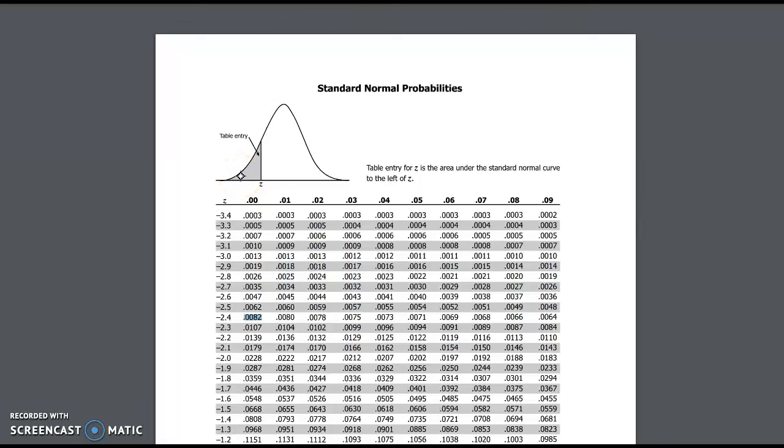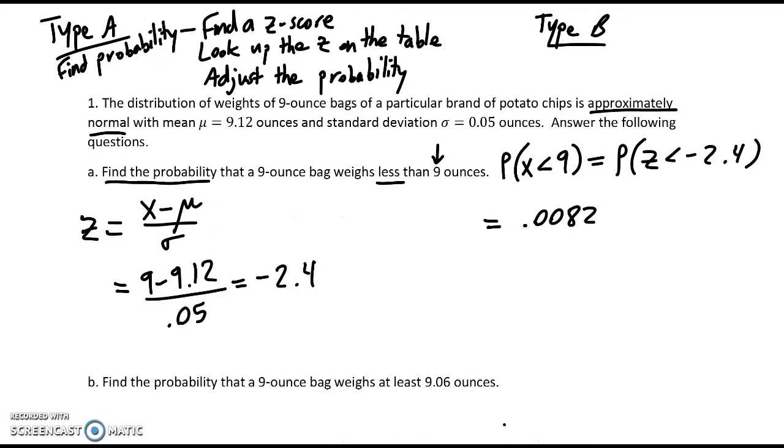It gives you the less than, okay? If it's greater than, you'll have to subtract from 1, which you'll see in the next example. And then if it's between, you look up both z-scores and then subtract their probabilities, okay? Since this one is strictly less than, boom, that's our probability, okay?